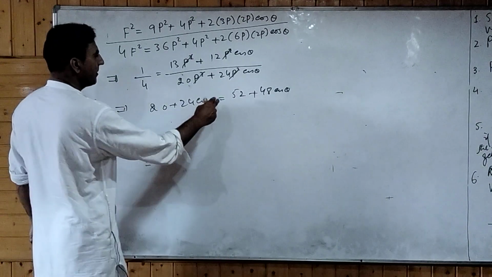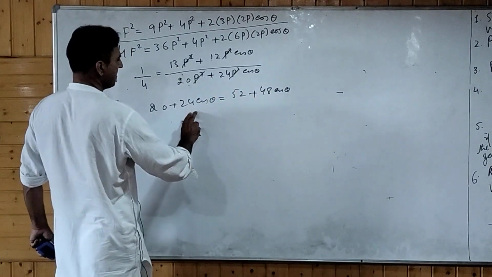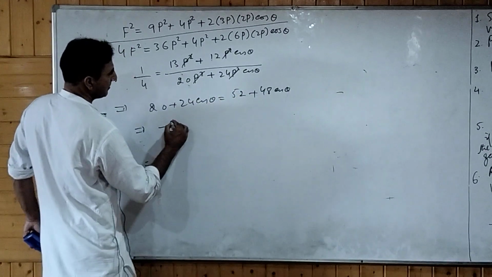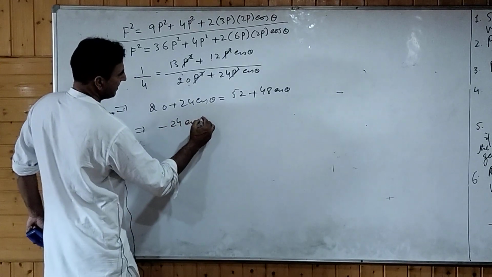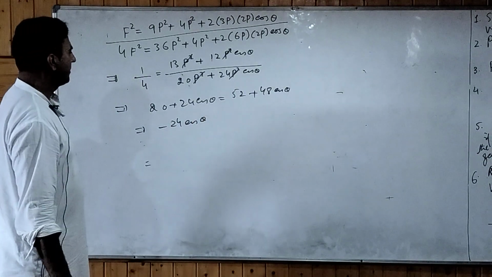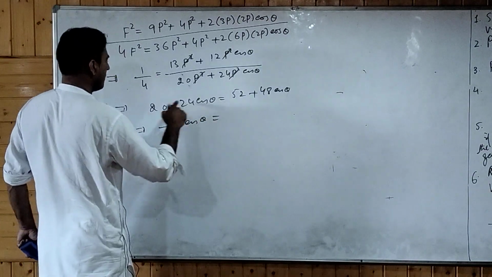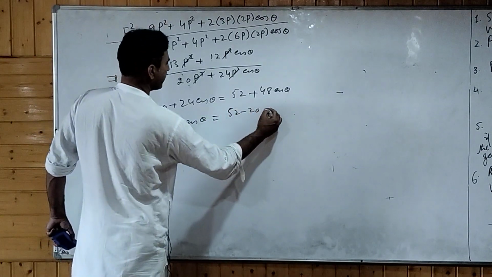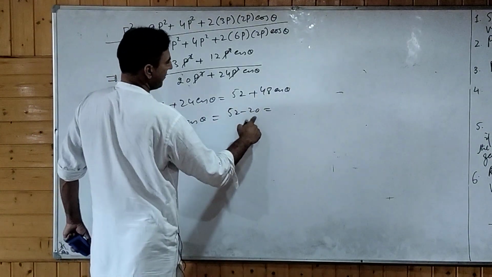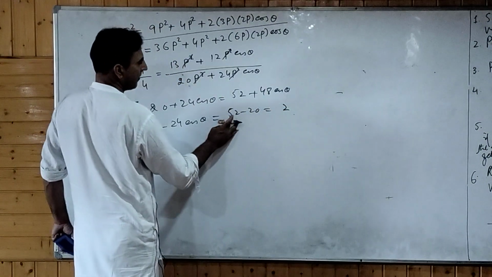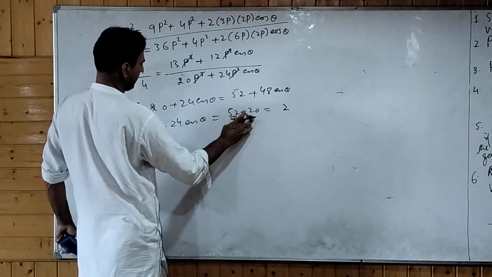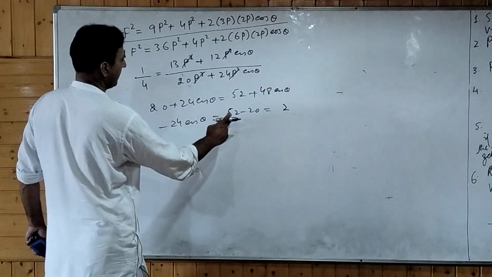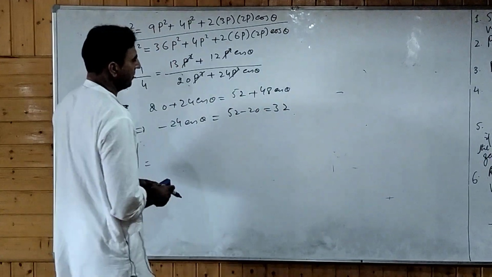Now you get 48 here, that is 24, 48, that is minus 24 cos theta, and 52 minus 40, that is 12.